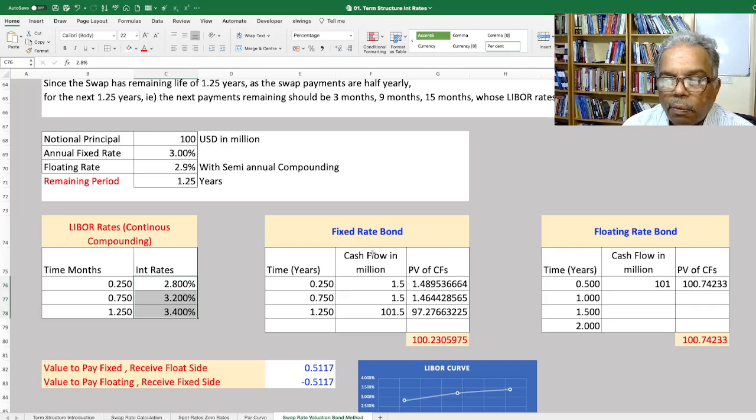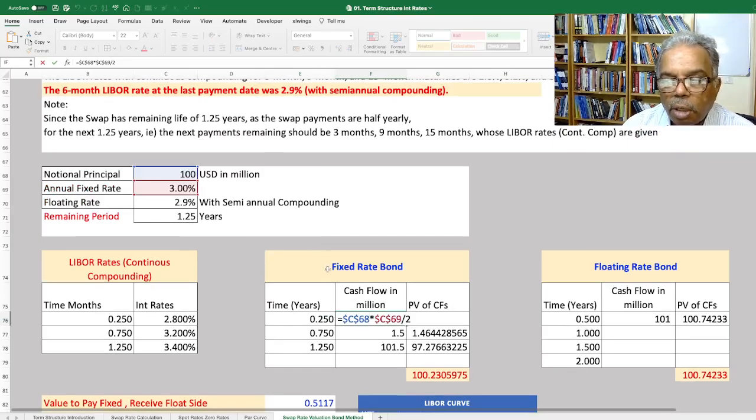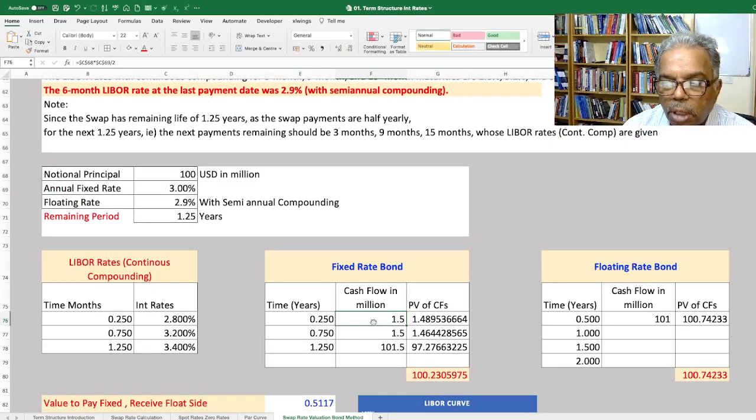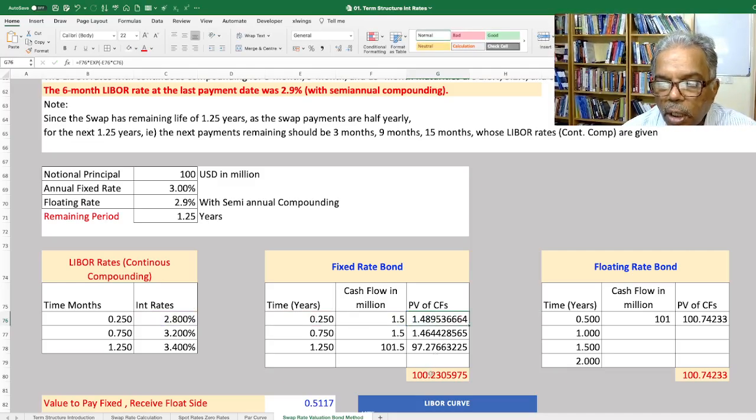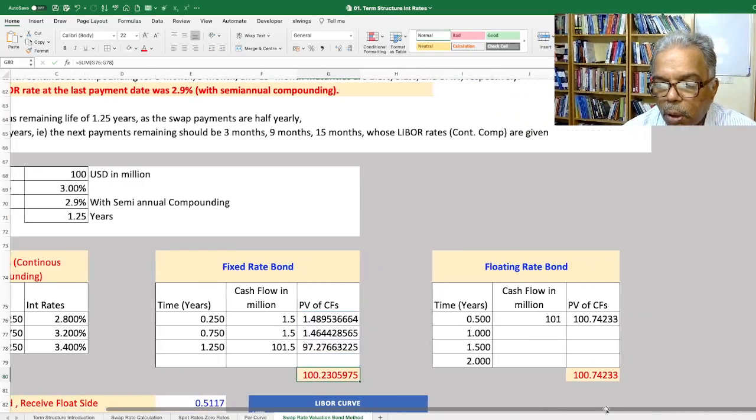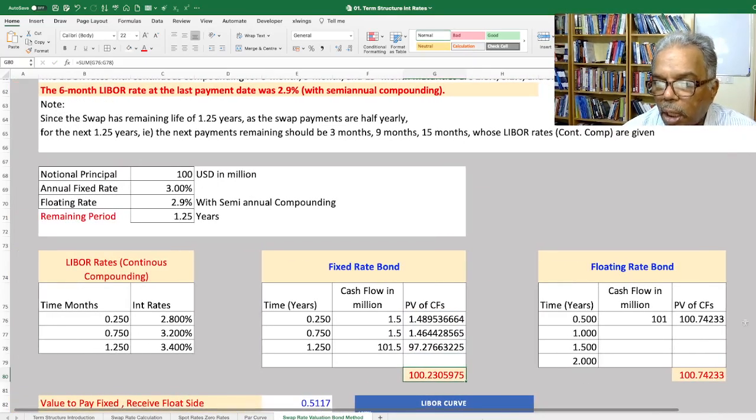Let's calculate the fixed rate coupon bond cash flows, which are 100 into 3% divided by 2, the semi-annual coupon payment, and the last payment including the principal. We discount the cash flows, since they are at continuous compounding rates, as cash flow times exponential of minus the interest rate times the time. That gives the present value of the cash flows, and the sum of the present values gives the value of the fixed rate coupon bond.